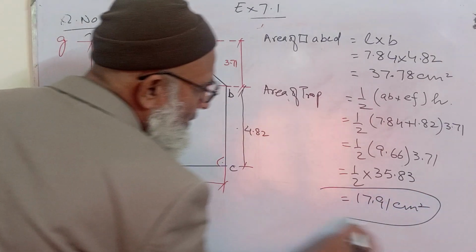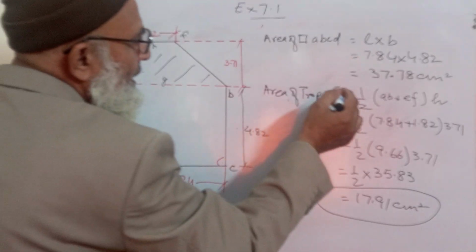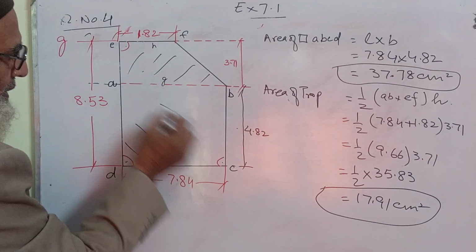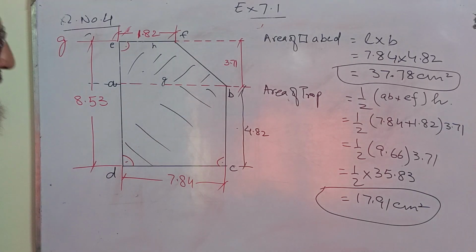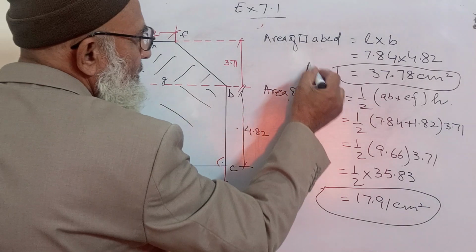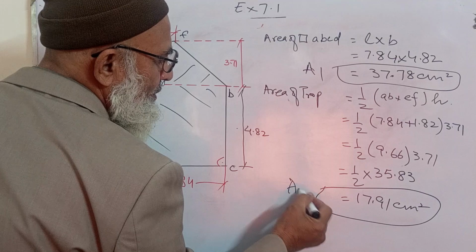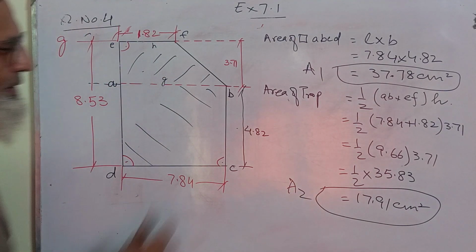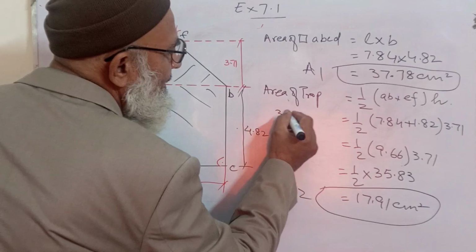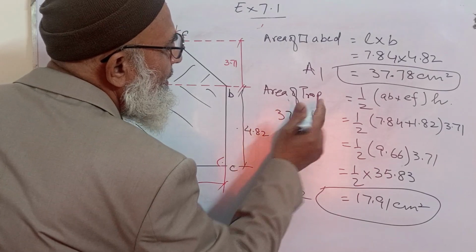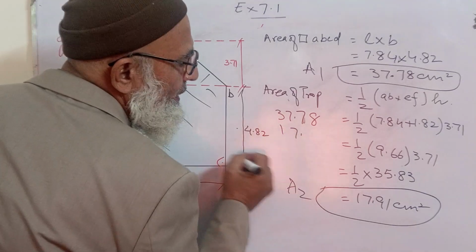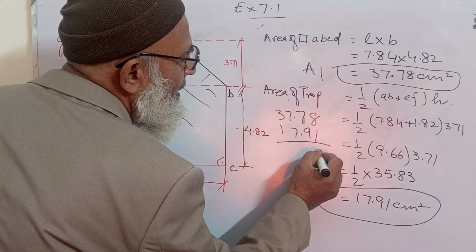This one, the area of the trapezium, I've already found the answer for this also. Now this is answer 1, answer 2. Now what we do, we'll just add up the two answers: 37.78 and 17.91.